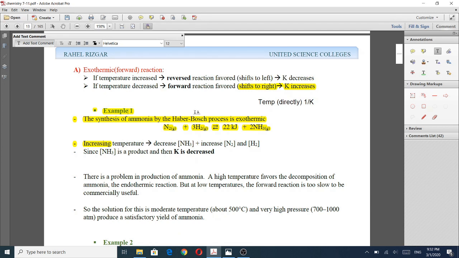But by decreasing temperature, the reaction will shift forward.